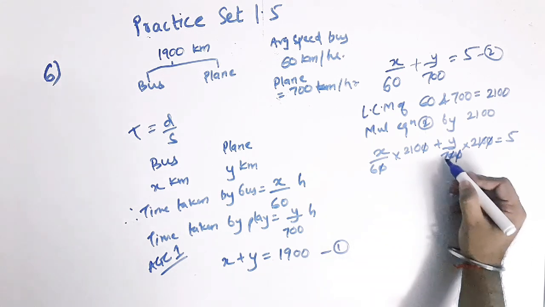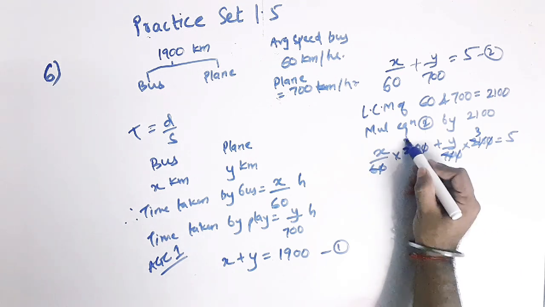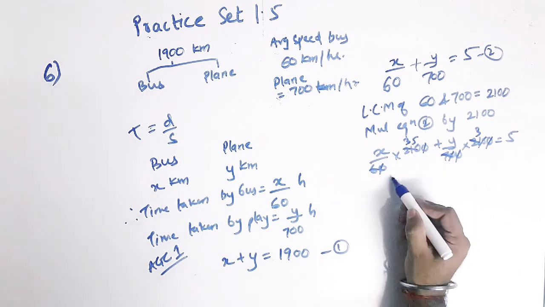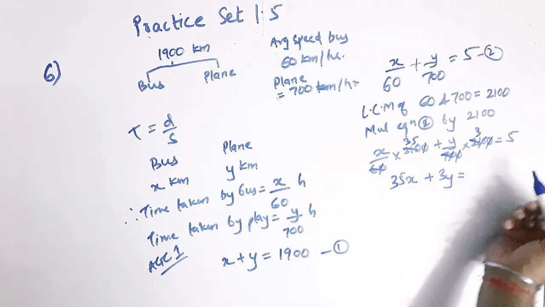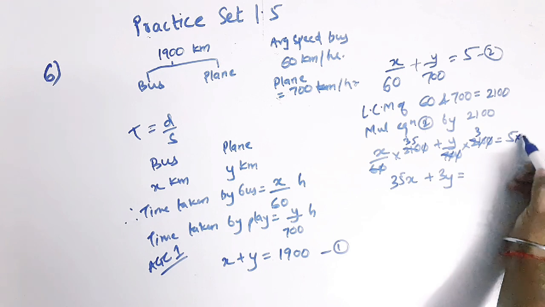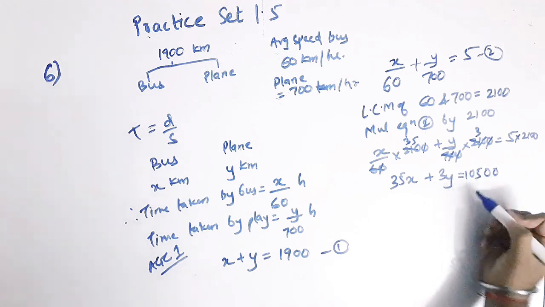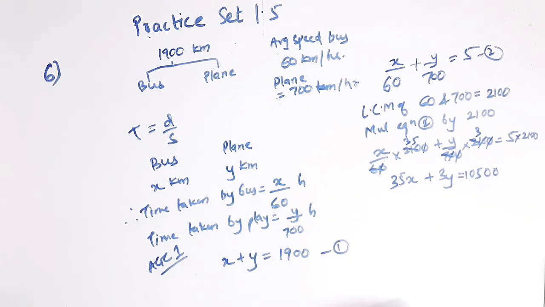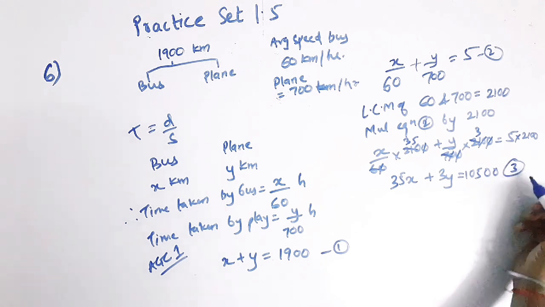You will get 35x plus 3y equals, 5 into 2100, which is 10,500. So you got 35x plus 3y equals 10,500. This is your equation number 3.